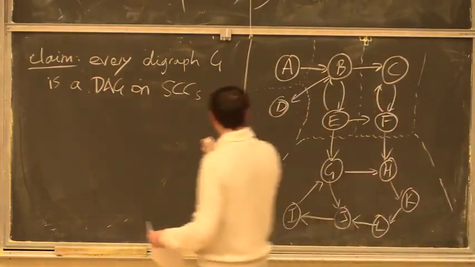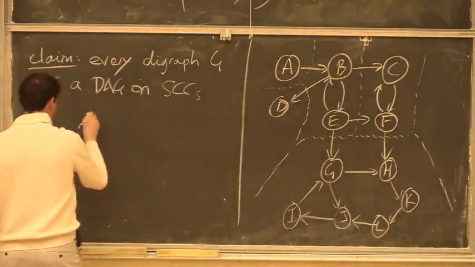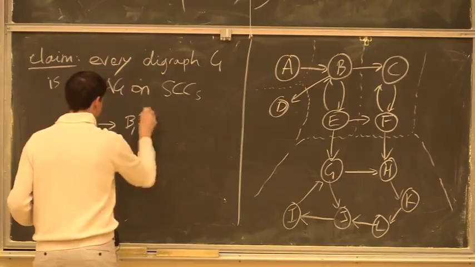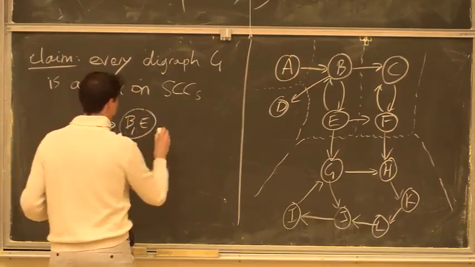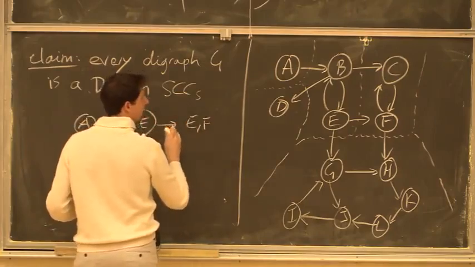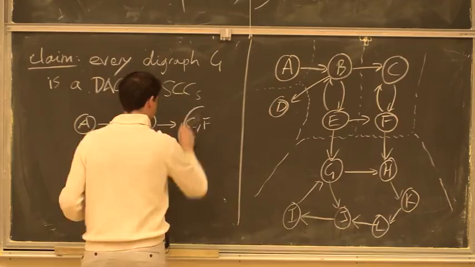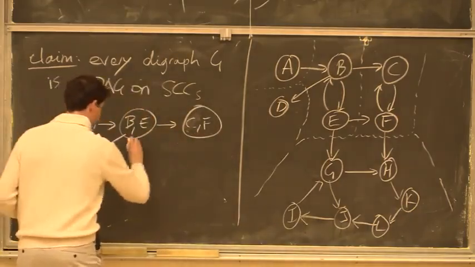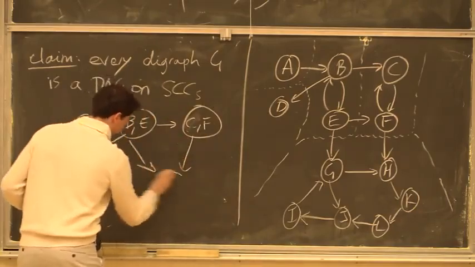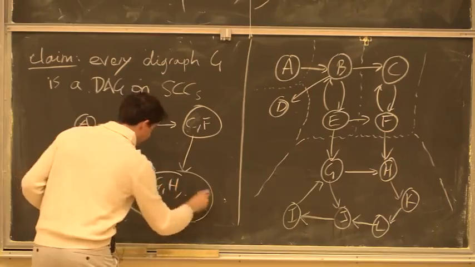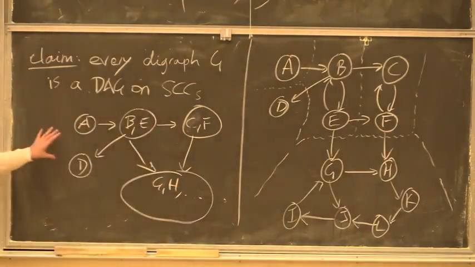If you shrink these down and you look at the graph underneath, let's write it like this. So this is the graph that you would get, okay?